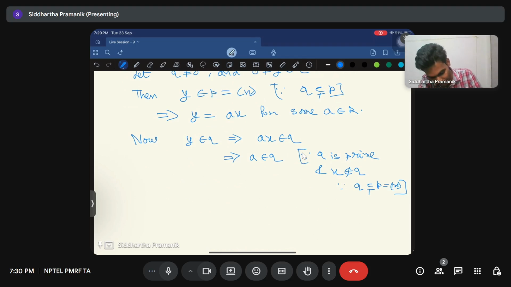So again, a belongs to Q, which is a subset of P, the ideal generated by x. So again, let's play the same game.